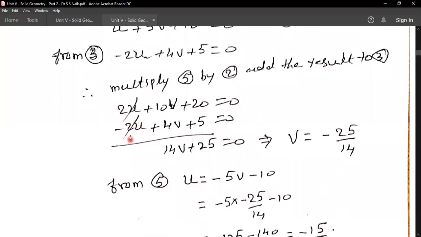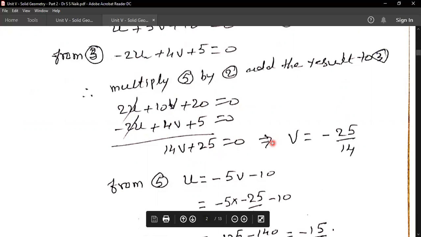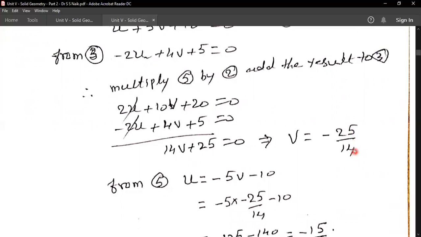Then when you take the solution of this, you will have 10 plus 4 is 14v plus 20 plus 5, 25, is equal to 0, implying thereby v is equal to minus 25 upon 14. Now this is another variable. One variable d is equal to 0. Then we got the second variable v is equal to minus 25 upon 14.